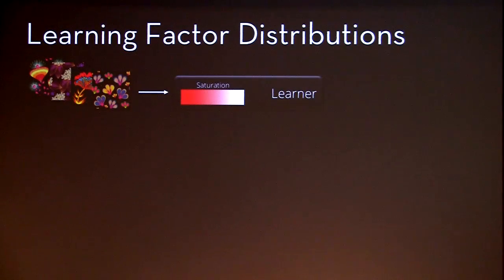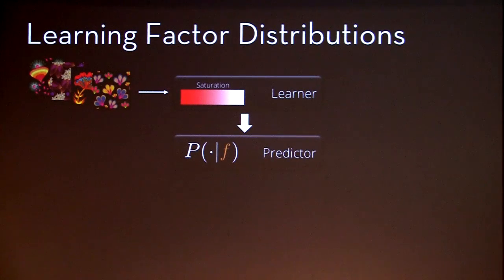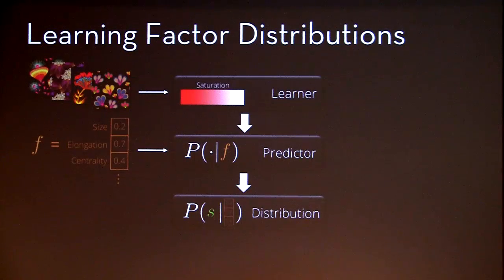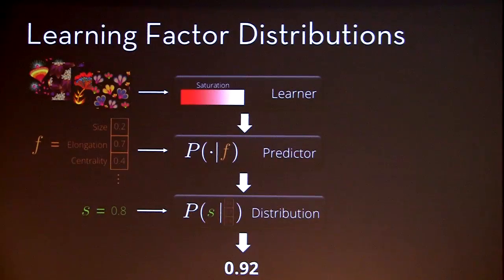What we'd like to be able to do is feed in our example patterns and obtain a predictor which, if we give it a particular shape feature vector, say for a region that's not very big and fairly skinny, located in the middle of the image but not too close, and so on, should be able to output a predicted distribution over the saturation values we would expect to see of a color in that region. And then when it comes time to actually score a color assignment, we can query this distribution with a particular value and get back a probability, which we can use as a score. So this is the high-level plan of how we'd like this to work.